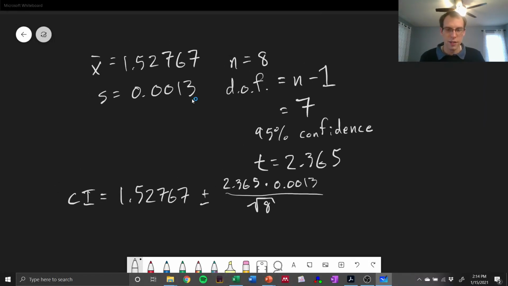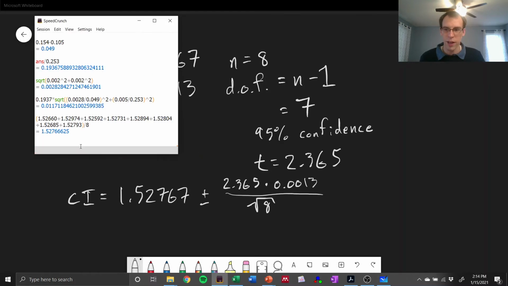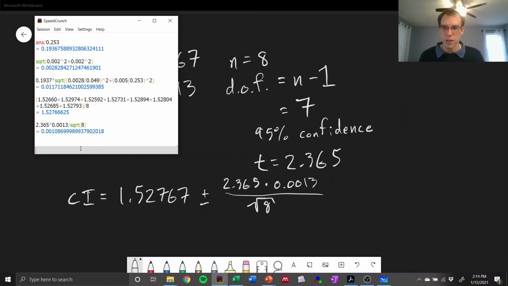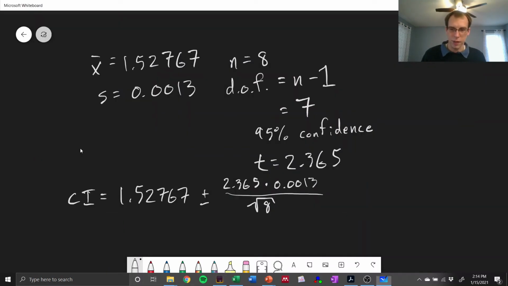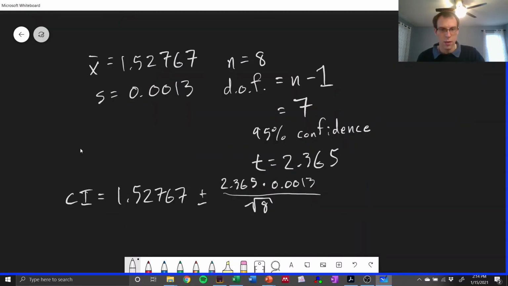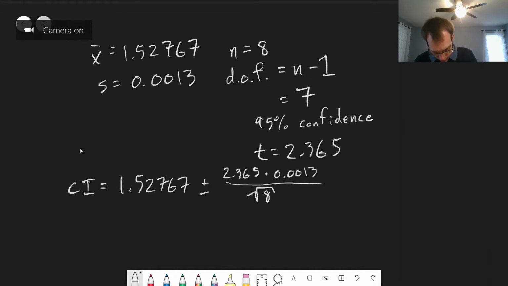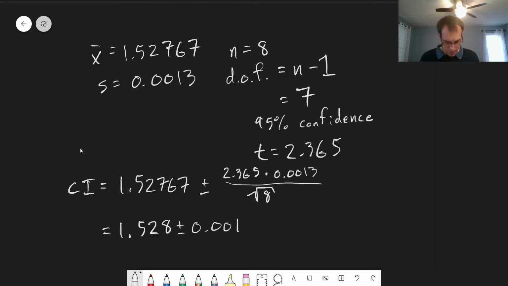Let's multiply our fraction on the right, 2.365 times 0.0013 divided by the square root of 8, which gives us 0.001. Again, we'll round this to just one significant figure. So our confidence interval is 1.528 plus or minus 0.001.